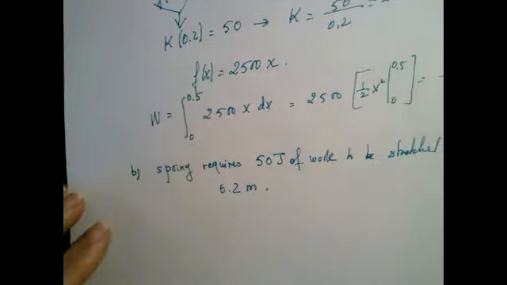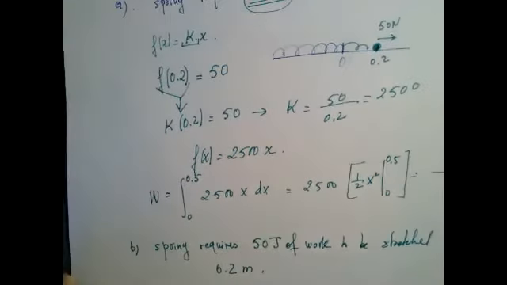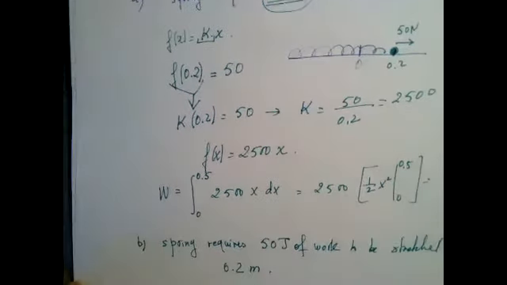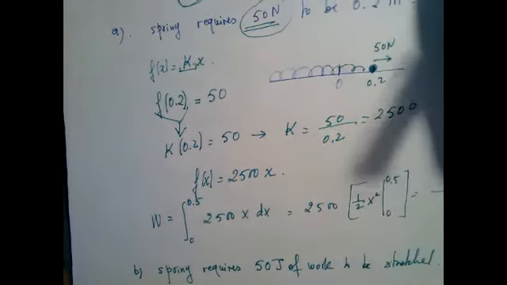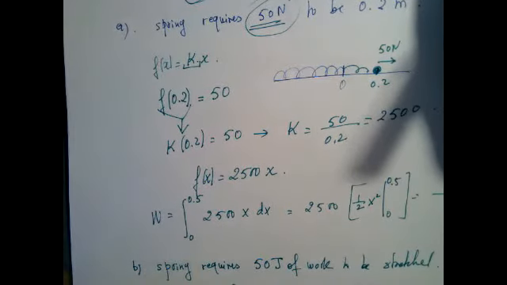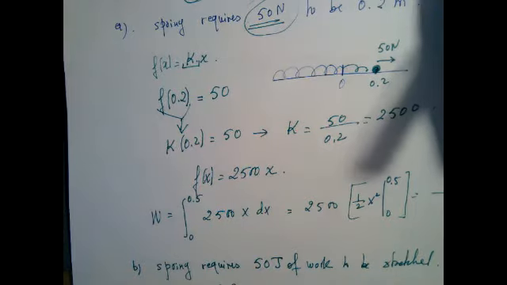Okay, what's the difference between A and B? Quickly. What's the main difference between the two springs in the given? In A, you're given the force, and in B, you're given the work. Exactly. And how will this change the problem?